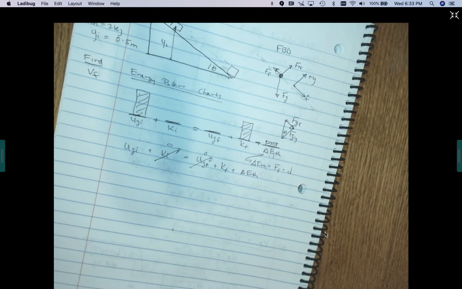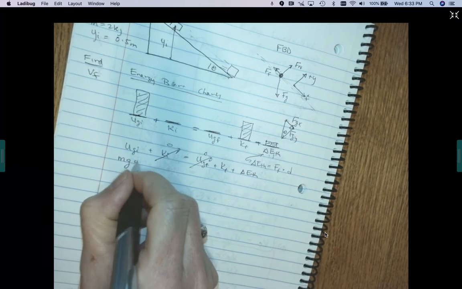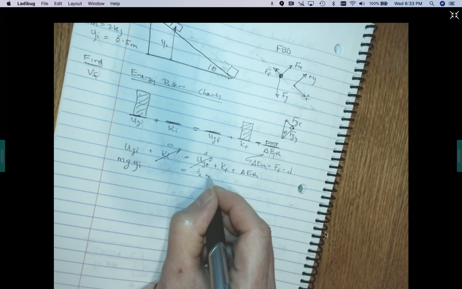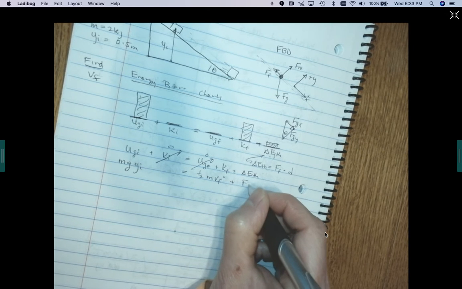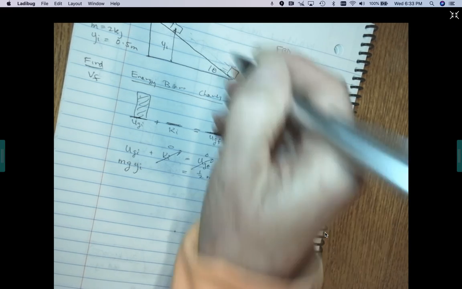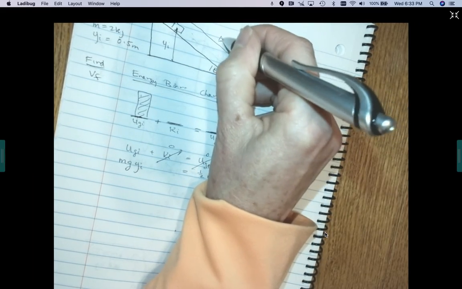So m g y initial equals 1/2 m v final squared plus the force of friction times delta x, where delta x is how far this travels down the incline.